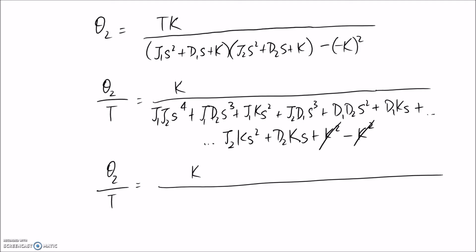So for the s to the fourths, we only have that. For the s cubed, we end up with this one and this one. For the s squareds, we end up with a couple. We've got 1, 2, 3.